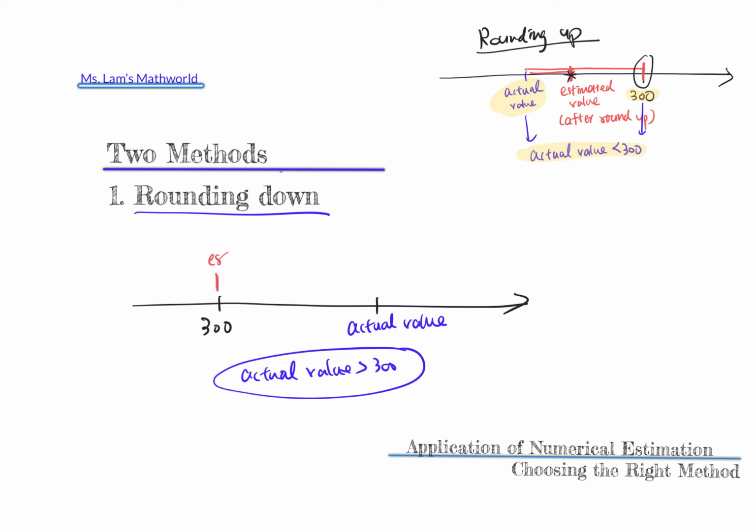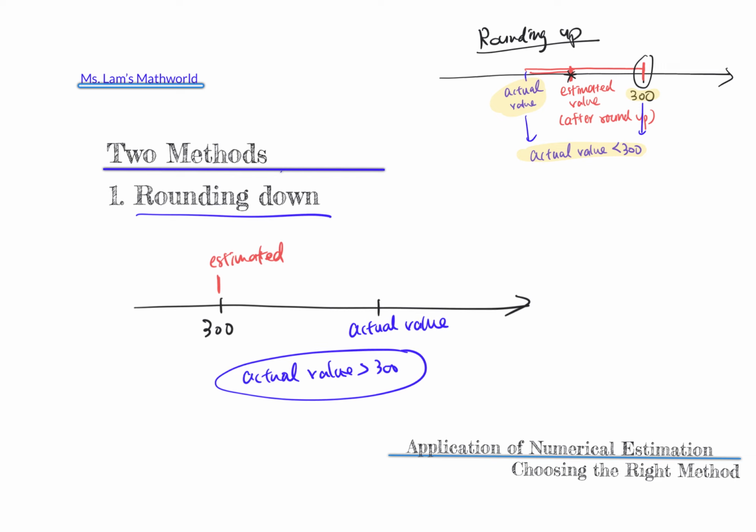So after we round down, it has to be 300 or more. Well, maybe somewhere here. Maybe 310, right? Maybe 325, maybe something else. So the estimated value should be at least 300.